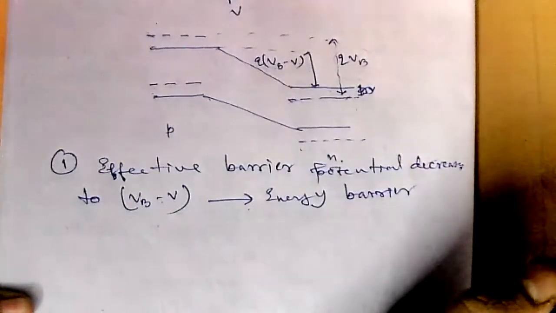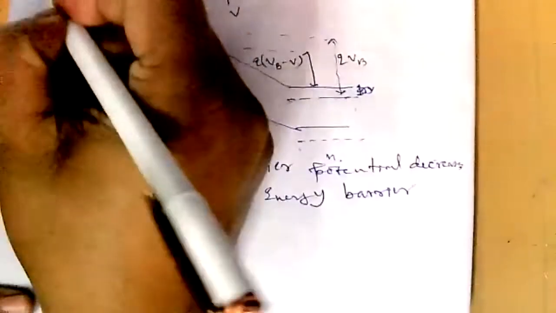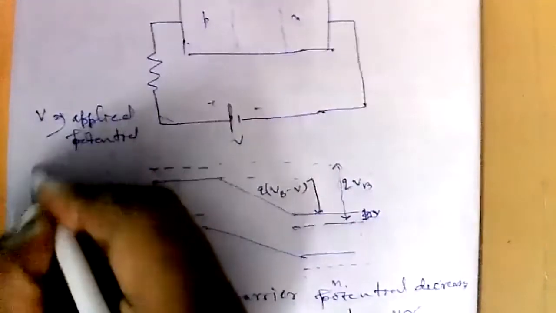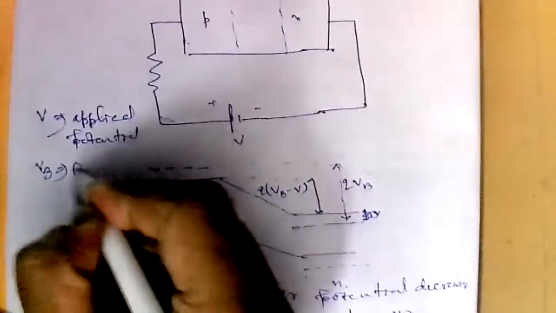Is it understandable? Yes, sir. V is the applied potential. And VB is the barrier potential.